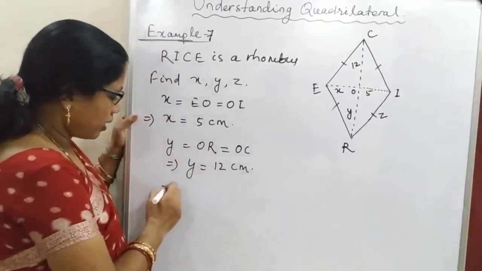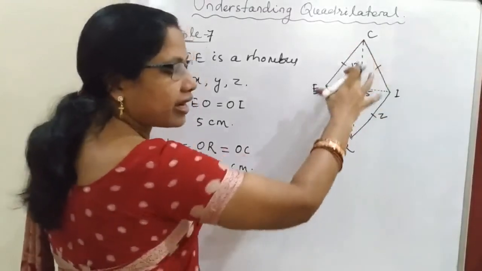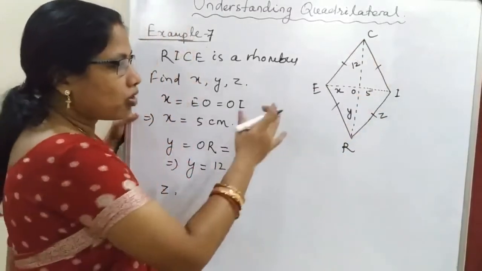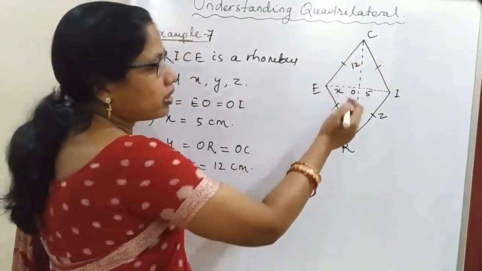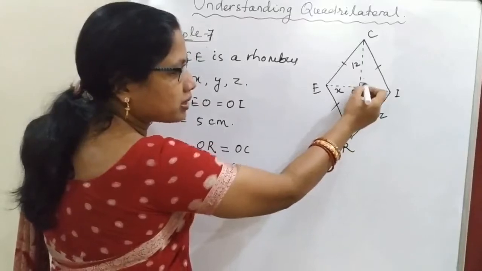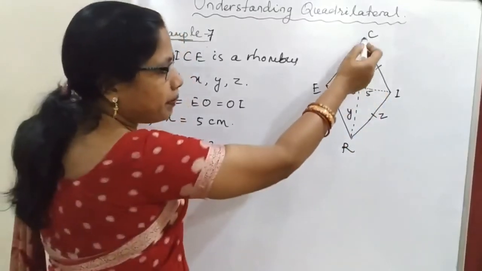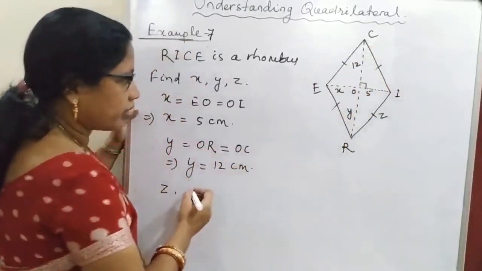So then what about Z? Here Z is the side of the rhombus, as all the sides are equal. Here the diagonals perpendicularly bisect each other, so this is 90 degree. By applying Pythagoras theorem, we can find out.